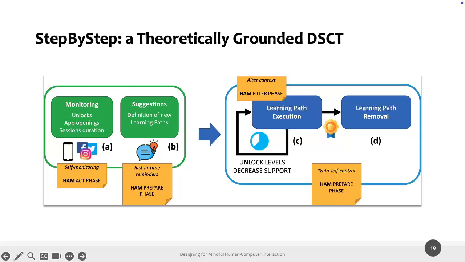And the idea is to support the user in being able to sustain the new behavior without external support. So typically, this intervention is really strict at the beginning, and then its intensity decreases over time.